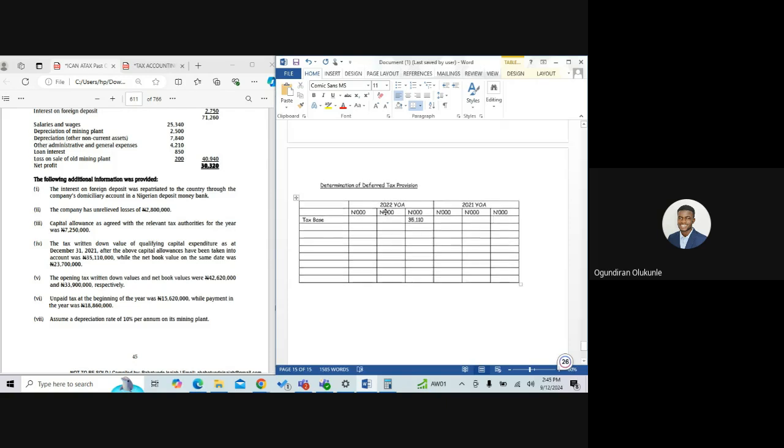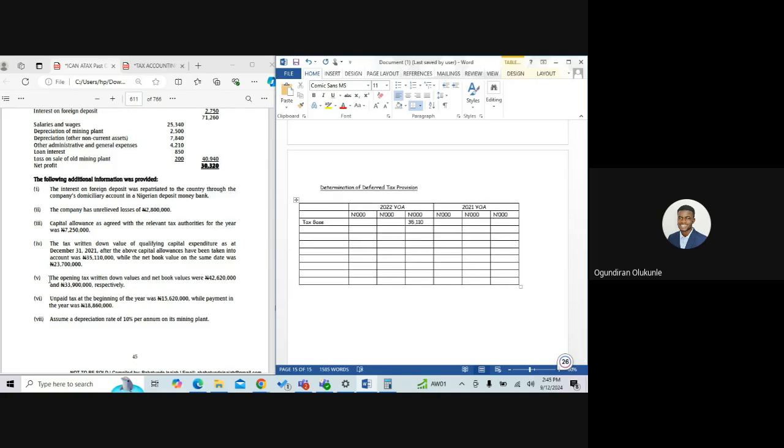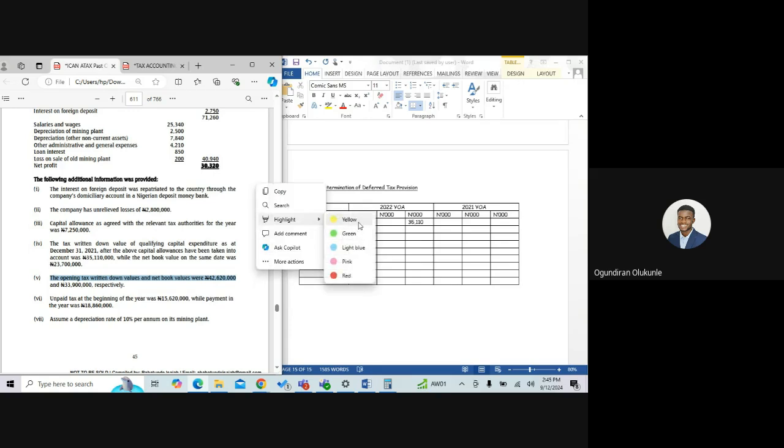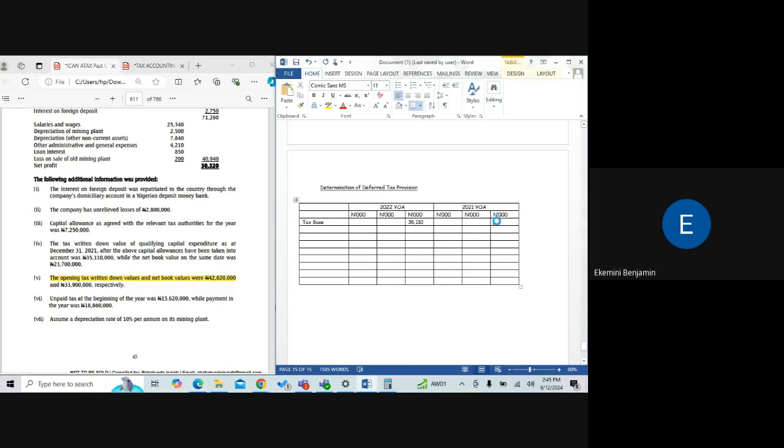So what's the opening tax incident value, note 5? It is 42,620. Can you see that? Note 5. Right?